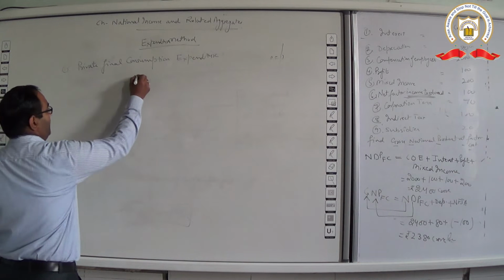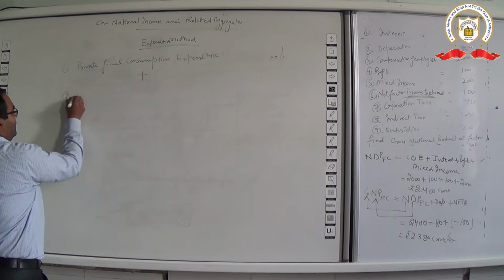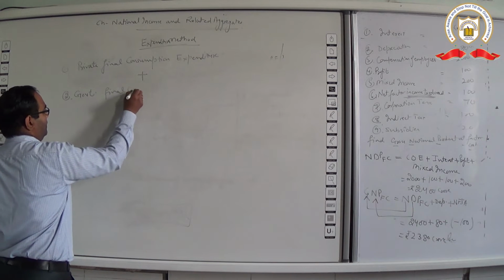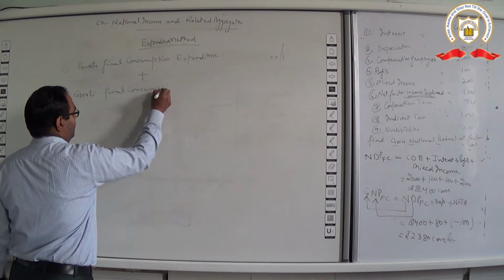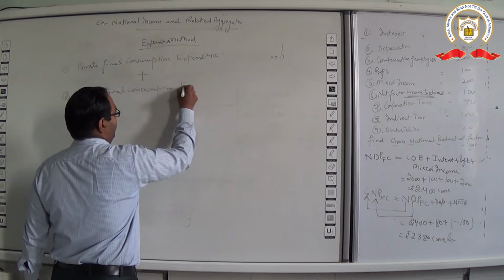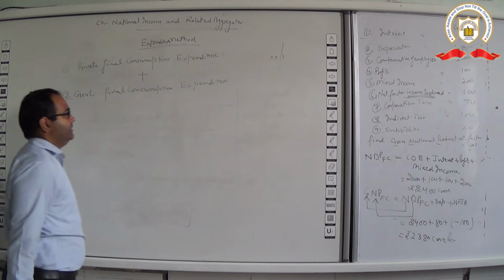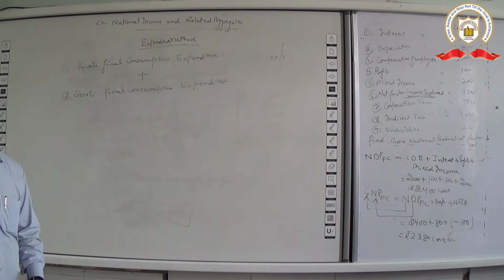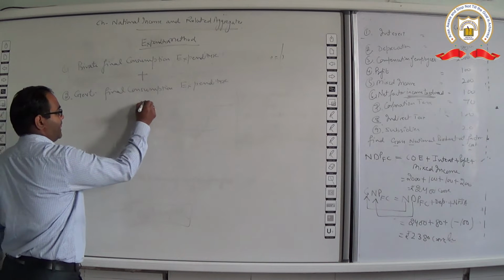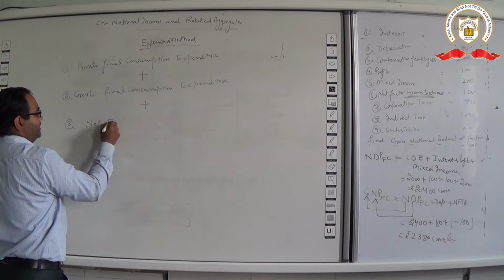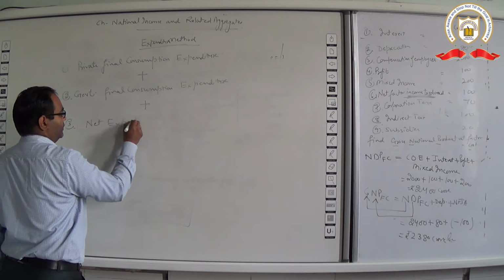Second, government final consumption expenditure. It means the expenses incurred by the government to purchase goods and services for public welfare. Third component is net export.